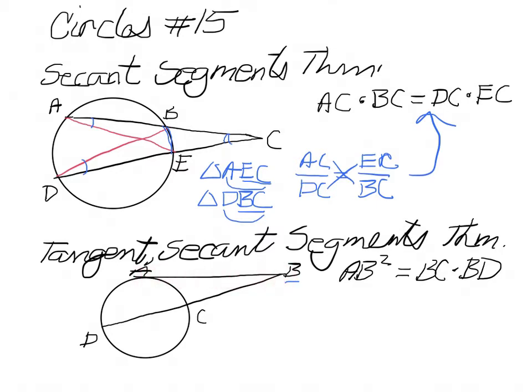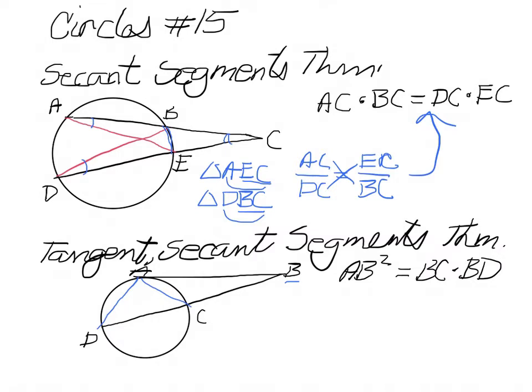Why does that actually work? In the same way that we've done before, we're going to make some triangles, and it turns out that these triangles are also similar. It's slightly trickier, but not a lot trickier, to show that they're similar, and then you're going to set up ratios like above.